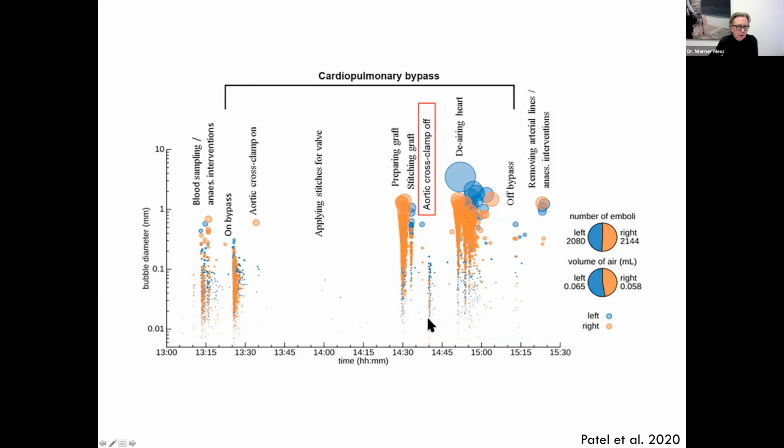And these emboli are particulate emboli, and they stem from the moment when the clamp of the aorta is released. And very often people will have plaques at the aortic arch. So if you release the clamp, particulate emboli will go into the brain, and that will cause new lesions.